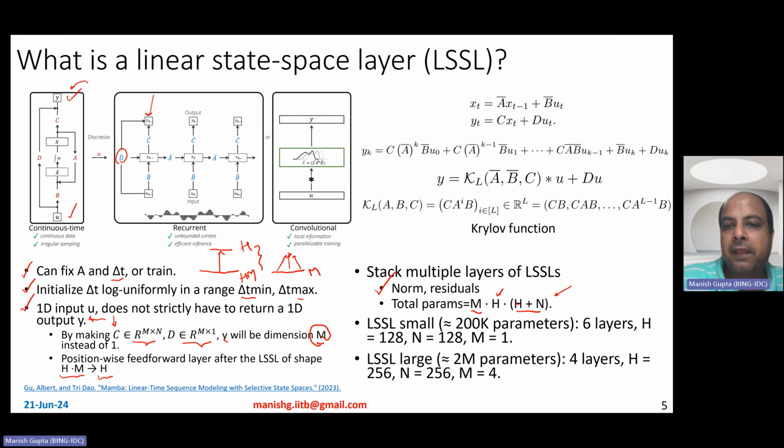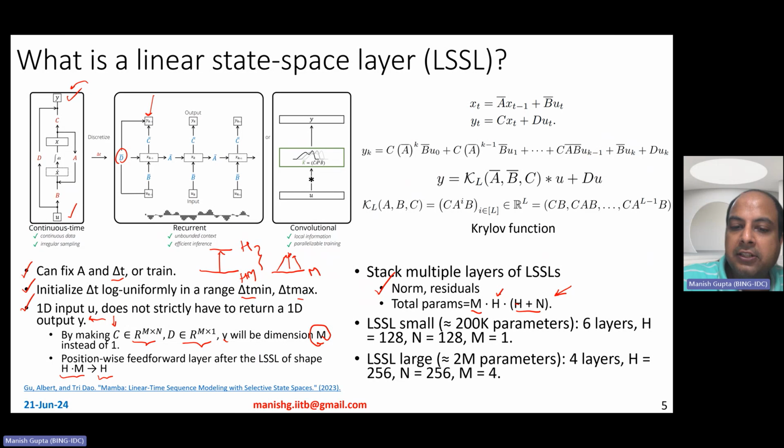Basically this one does not have N square because you treat A as fixed. You don't really learn A. You just fix A in that sense, because learning A is too cumbersome. It's very computationally expensive. We will later see how this can be avoided, but you don't learn it.